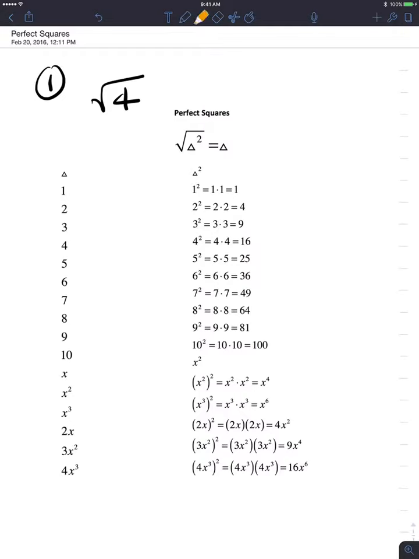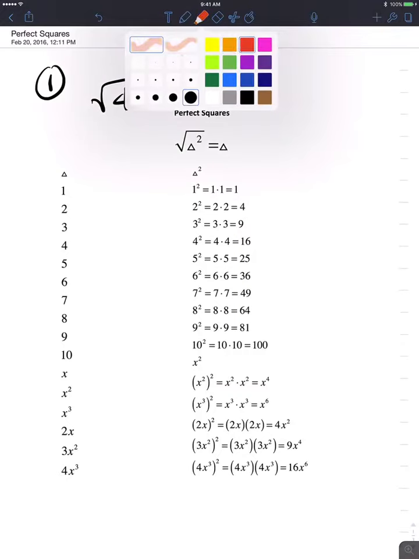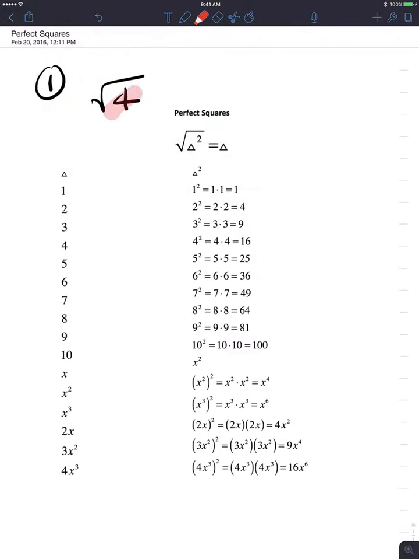We can only evaluate a radical where what's under the radical, like in this problem here, we see the value 4 under our radical. We can only evaluate what we call perfect squares. Now, if I take any base, and I'll color my bases here in orange, any base, the value 1, 2, 3, 4, or 5, and I raise that base to the second power, what we see is something called perfect squares.